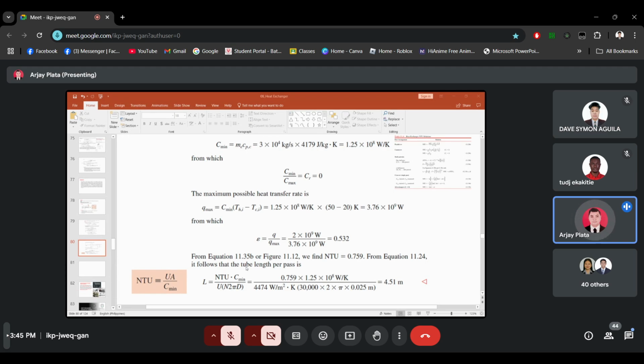So we have this 4.51 meters. This is the required length of the tubes inside the heat exchangers. In your technical report, you can use these sample problems in other problems to design heat transfer equipment.